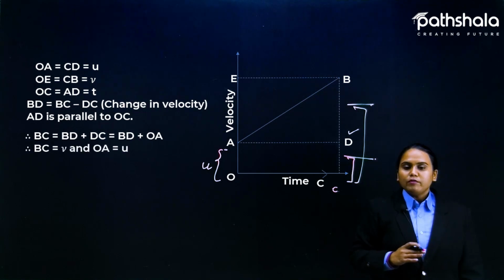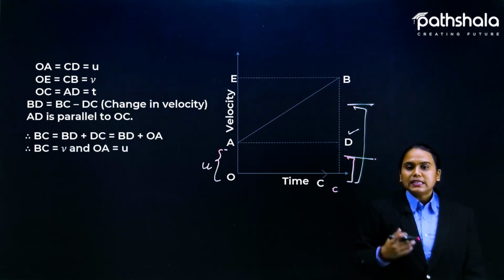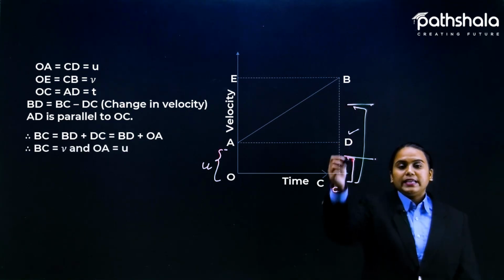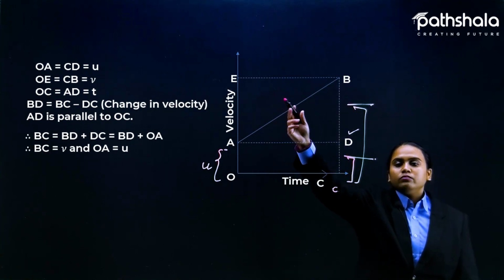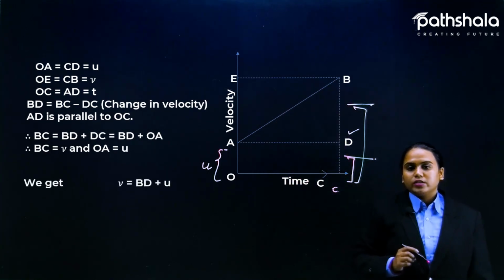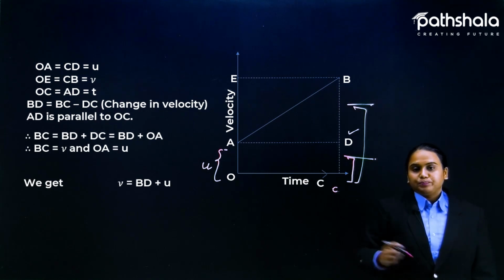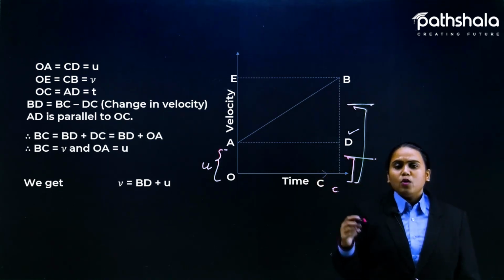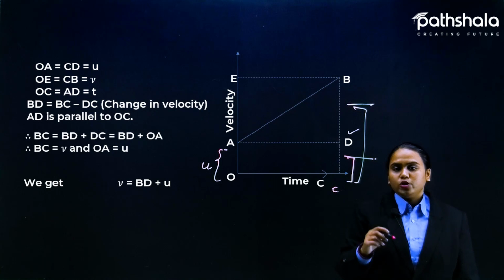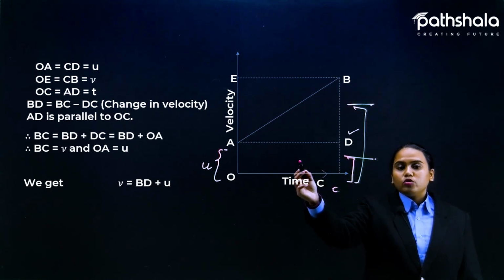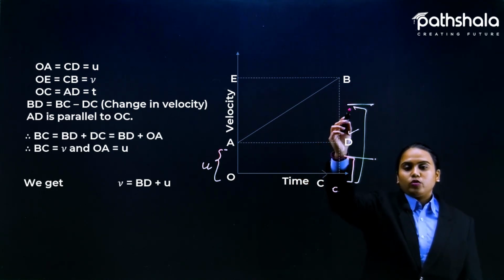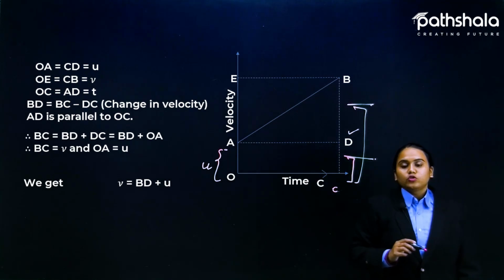Now moving forward, you can see BC is equal to V because BC is the final velocity, and OA is the initial velocity. So putting it in the first one, V is equal to BD plus U. Now there is no chance that BD is going to change. So what is BD here? For BD we are going to get a particular value.